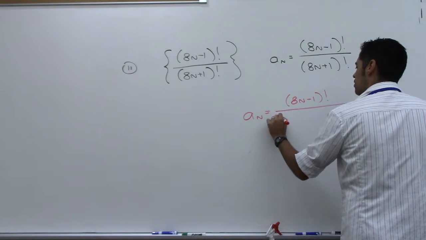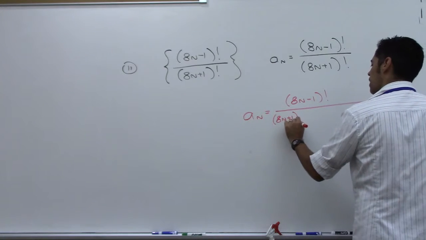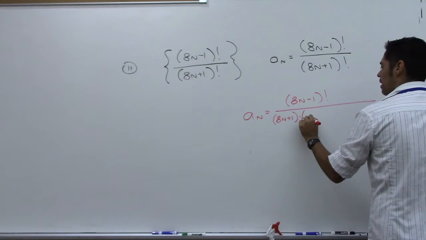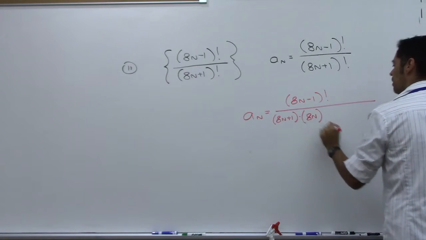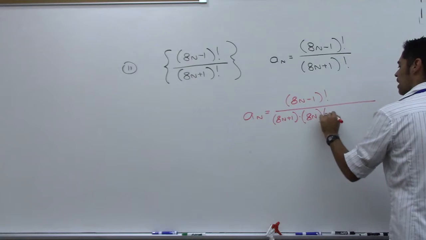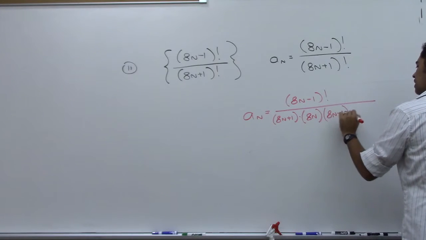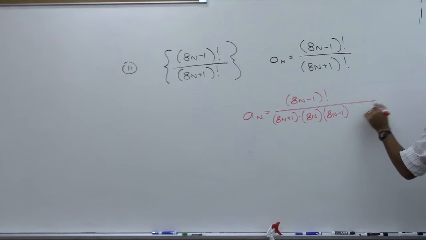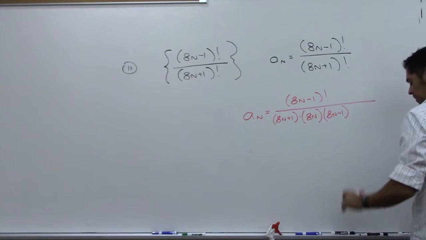So the bottom factorial is 8n plus 1 times 8n, take 1 away. That's what the factorial does every step. And then the next one is 8n minus 1. And then the next one would be 8n minus 2, 8n minus 3, 8n minus 4, all the way down to 1.